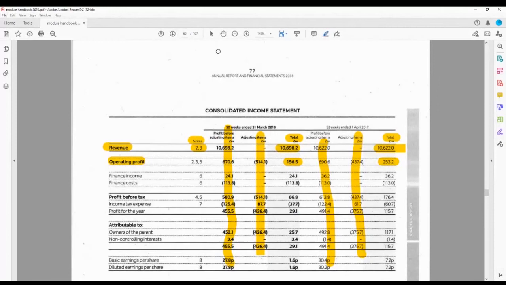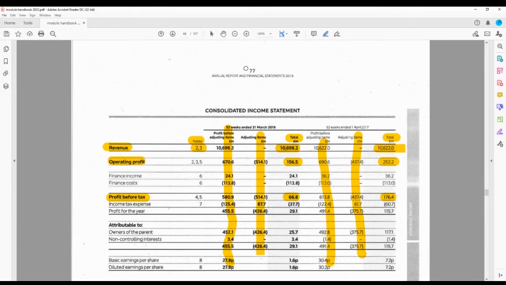Operating profit before tax. So if you look here, we have the figure for operating profit. Our profit before tax is the same thing, don't get confused. PBT is 66.8 in 2018 and 176.4 in 2017. That is quite a significant drop in the net profit before tax.